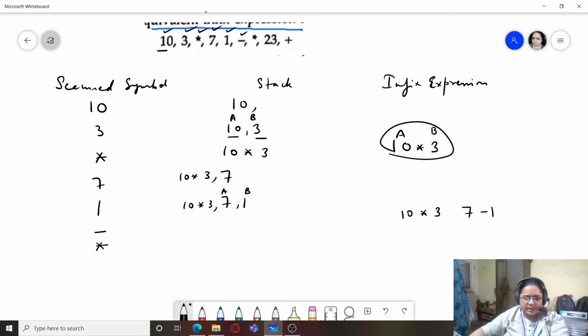So I'm just going to write 10 into 3 comma, we had popped 7 and 1, so 7 minus 1 will be pushed to the stack. Now we are getting this multiplication sign, so both these will be picked up. So this is A and this is B, followed by a multiplication sign.